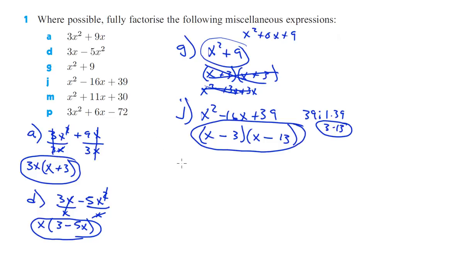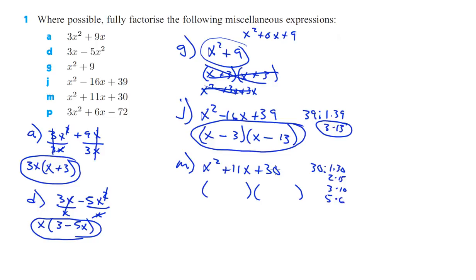Okay. M, we've got x squared plus 11x plus 30. So we want to see if we can factor those out there. Factors of 30: 1 times 30, 2 times 15, 3 times 10, and then 5 times 6.